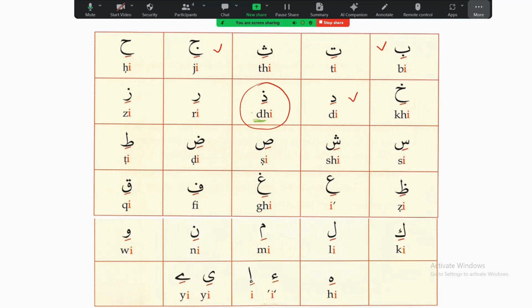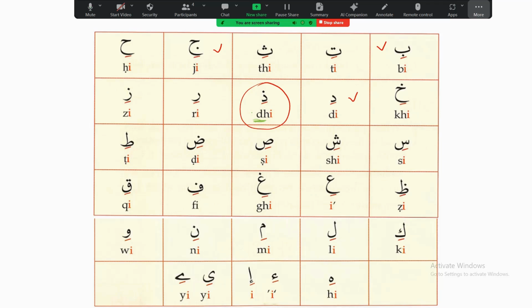So the first one was khi, di, zi, ri, zi, like this. Okay. So the first row is b, t, c, g, khi. Then we have khi, di, zi, ri, zi, like this.